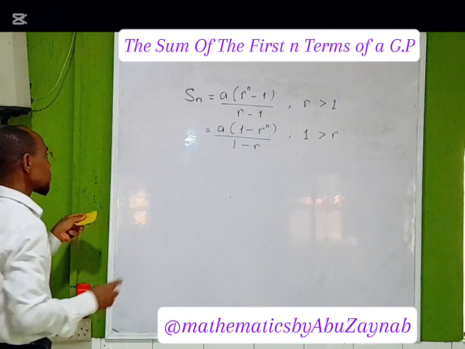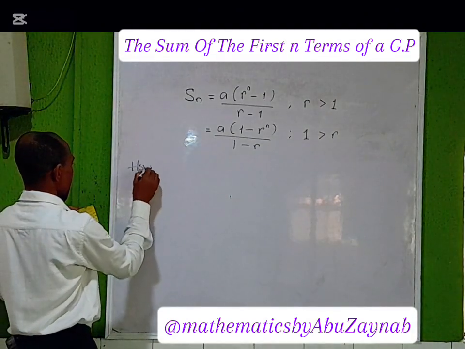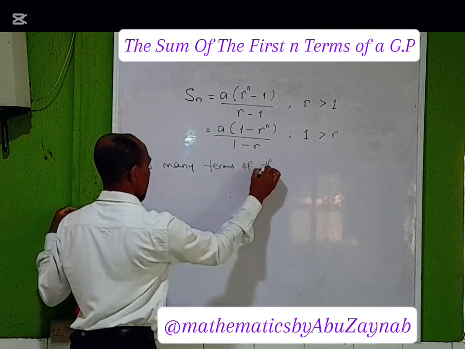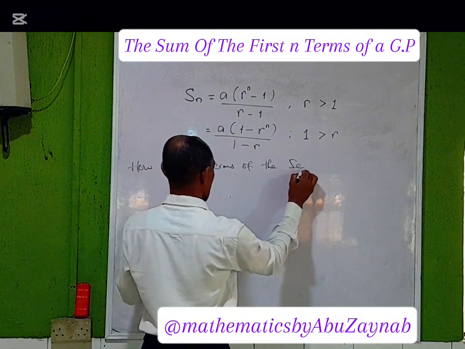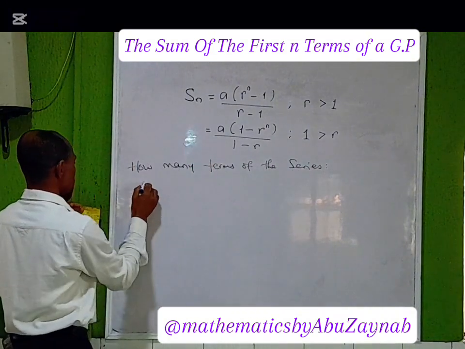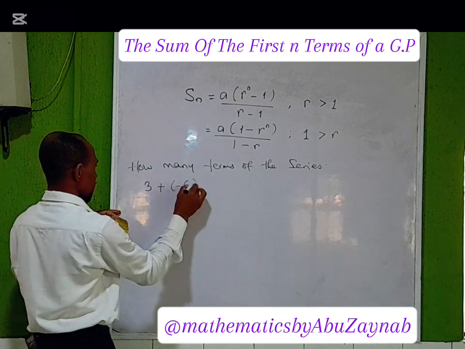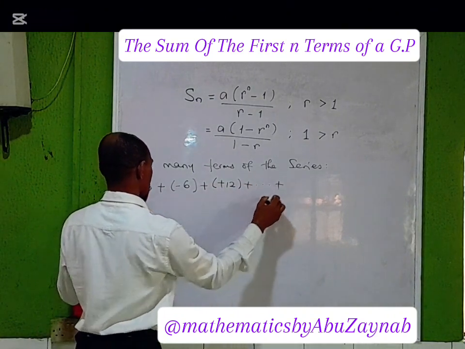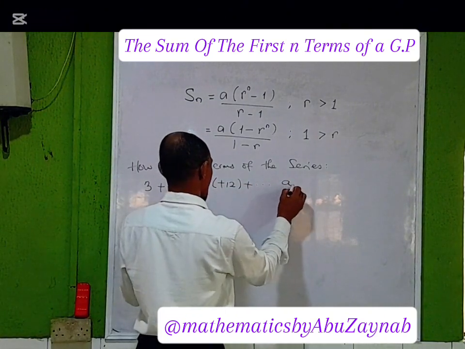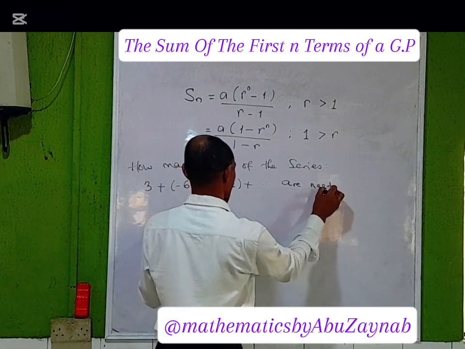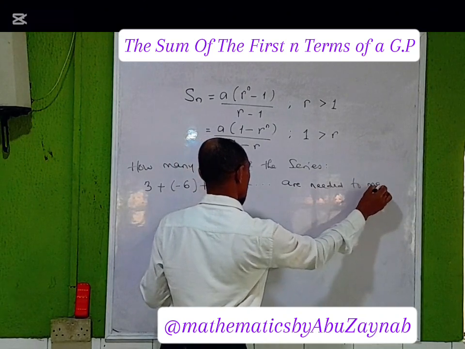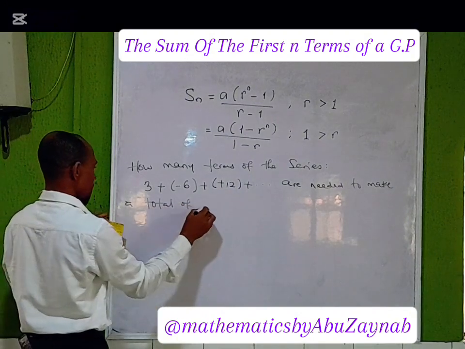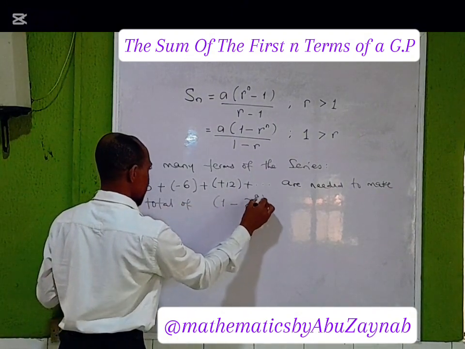Question 3 says, how many terms of the series 3 plus minus 6 plus 12 plus, and so on and so forth, are needed to make a total of 1 minus 2 power 8.